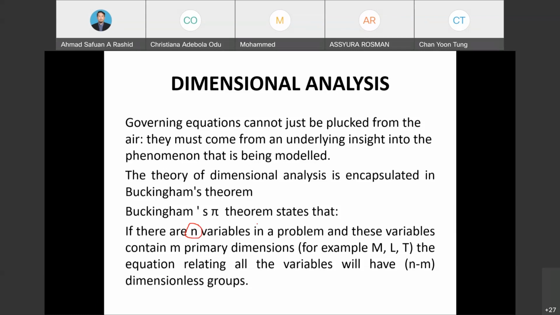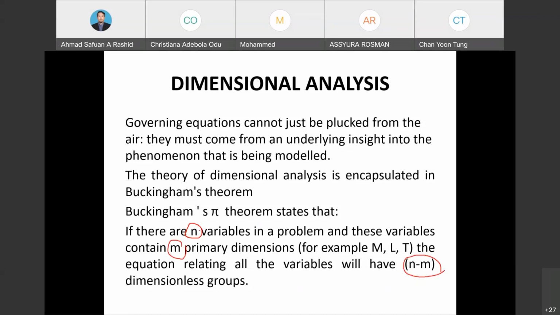This MLT is actually obtained from Newton's second law, we may discuss later. The equation relating all these variables will have n minus m dimensionless groups.